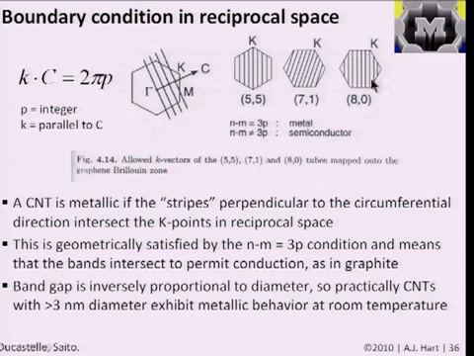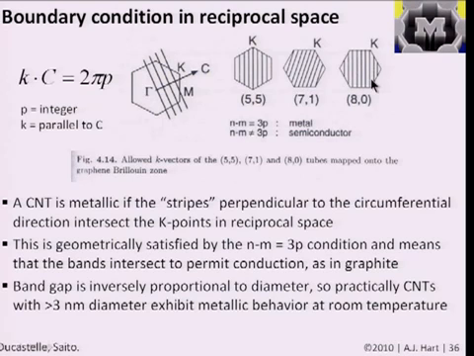Also, I should note that the band gap of the nanotube is inversely proportional to its diameter, because as the circumference gets bigger, you become more like planar graphite, which has 0 band gap and is effectively metallic. Every large diameter nanotube also has a chirality, but in practice, because of the relative size of the band gap versus the thermal energy at room temperature, all carbon nanotubes, whether metallic or semiconducting based on their chirality, are effectively metallic at room temperature.